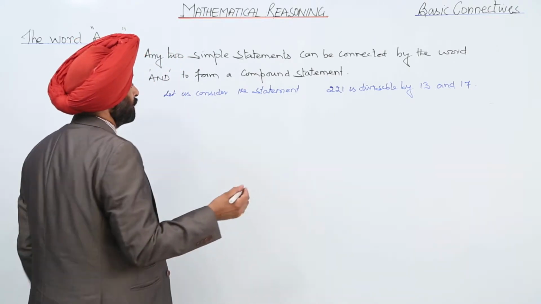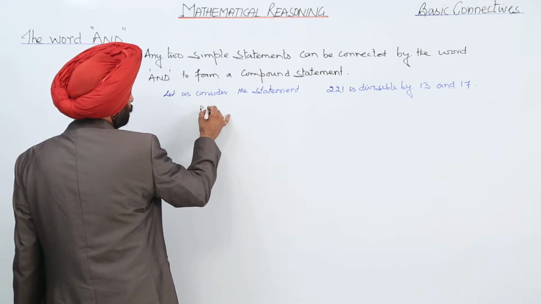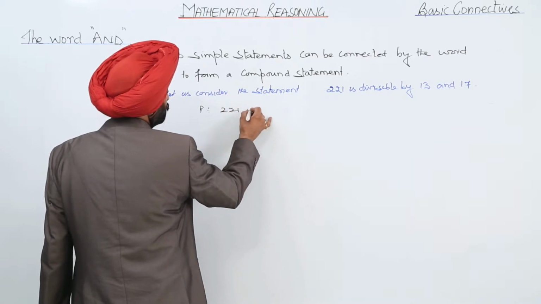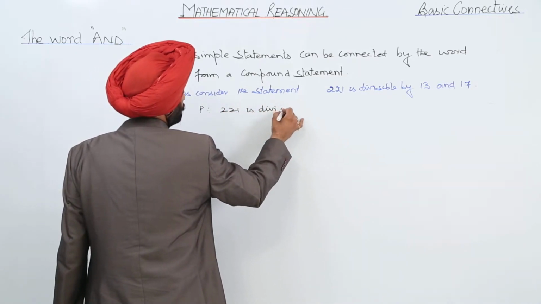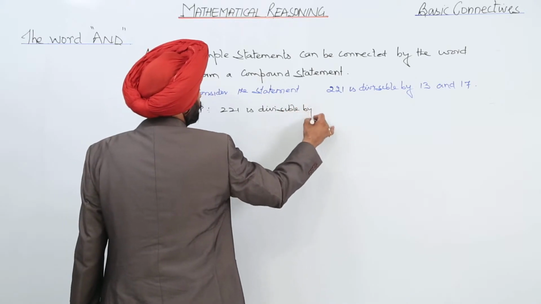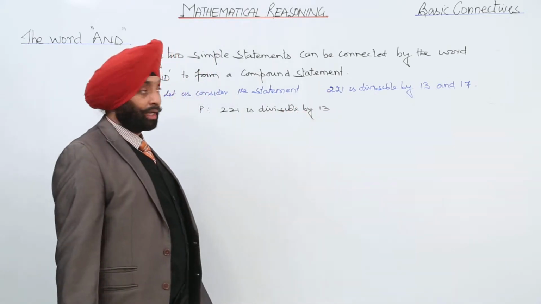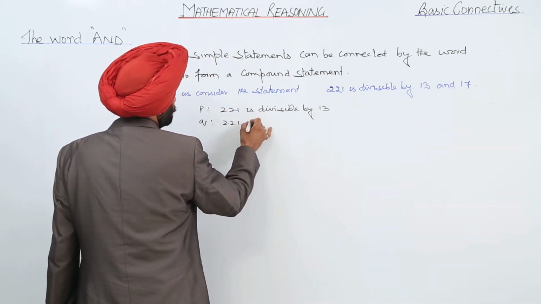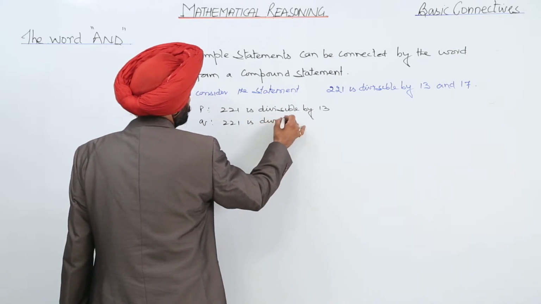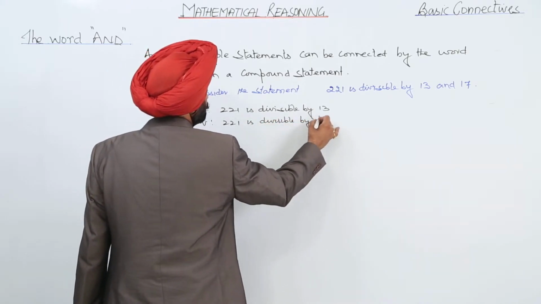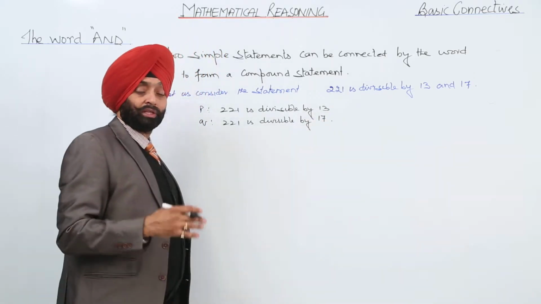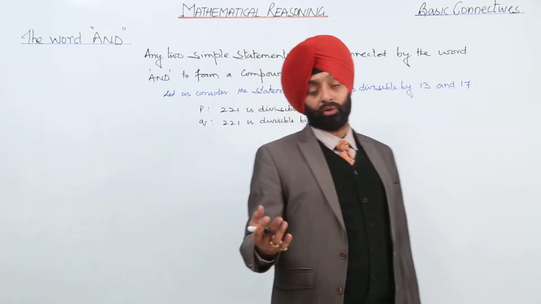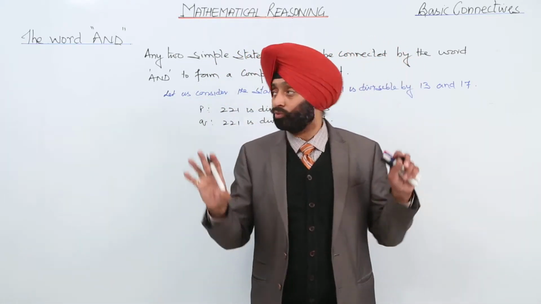We can write it now: P, 21 is divisible by 13, and then Q, 21 is divisible by 17. Now these two are simple statements, and when we use the word and, that becomes a compound statement.